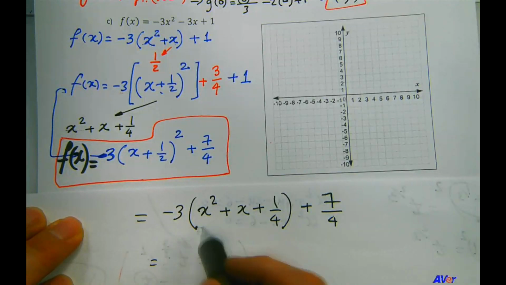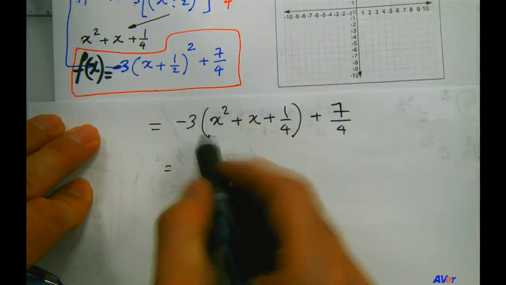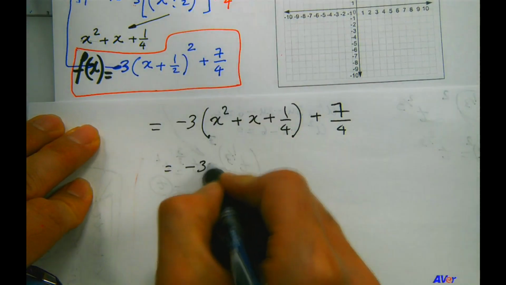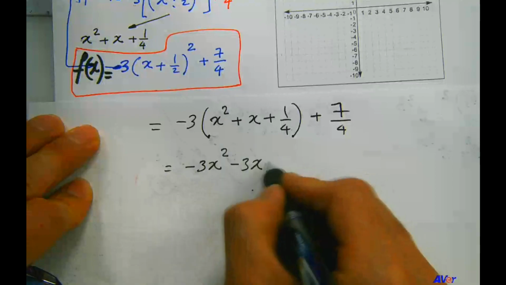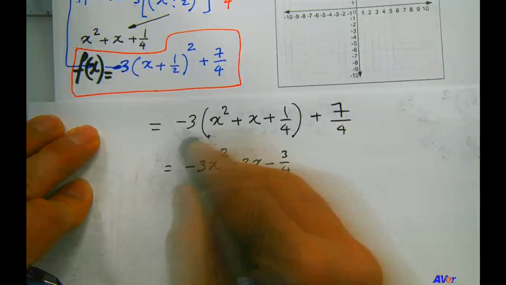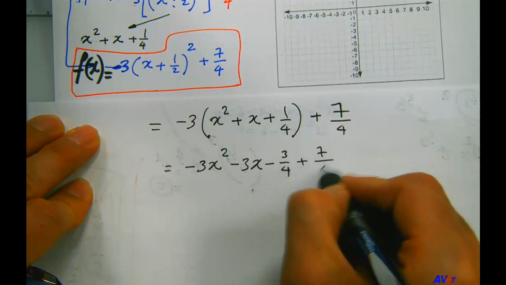So, let me move this up a little bit. So let's distribute. What do we end up with? Minus 3x squared minus 3x minus 3 over 4, right? Distributing this into all the terms, plus 7 over 4.